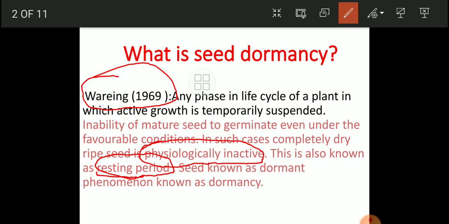In such a condition, the seed is known as a dormant seed, and the phenomenon or process is known as dormancy. Is it clear to you?